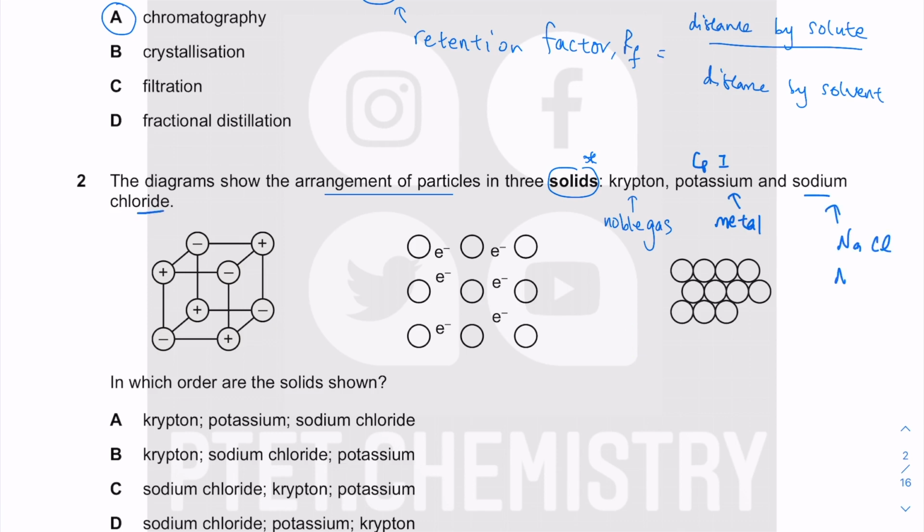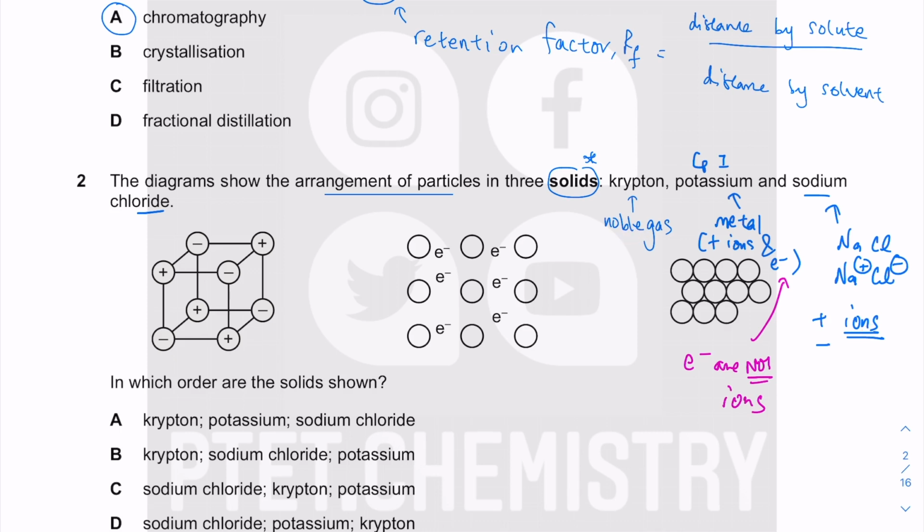And we know in NaCl we have a giant ionic structure that consists of ions, positive and negative, whereas metal is positive ions and electrons. By the way, electrons are not ions, whereas negative ions are ions. They are called anions.